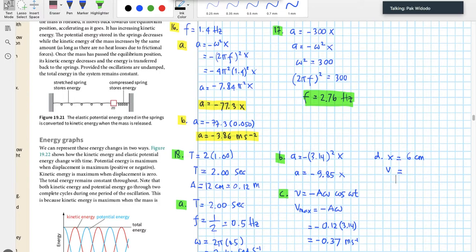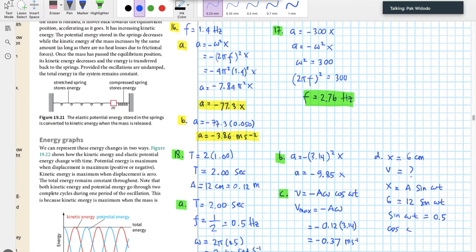Wait, we find sine, cosine, tangent first. I use x equals A sine omega t. So when x is 6 and A is 12 in centimeters, 6 equals 12 sine omega t. So sine omega t equals 6 over 12, this is 0.5.